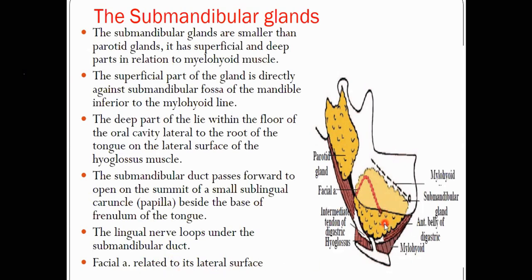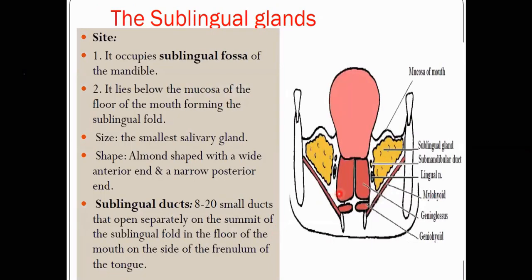You can see the facial artery comes in front after crossing and goes to the face, so it is related to the submandibular gland. Here is the position of the submandibular gland. Laterally it is the mylohyoid, and here the submandibular fossa. This is the floor of the mouth, the frenulum, and it opens on this side.